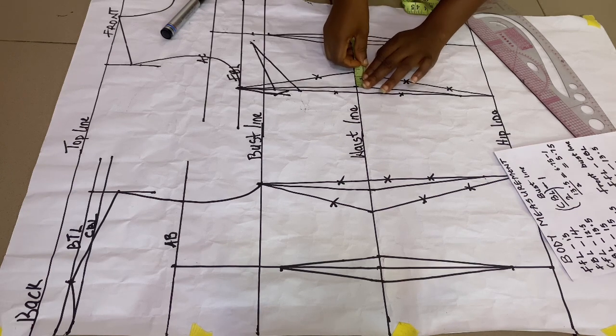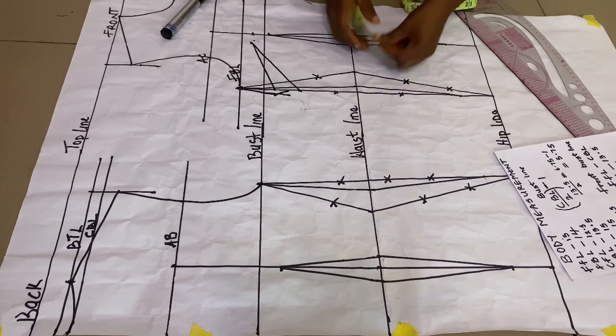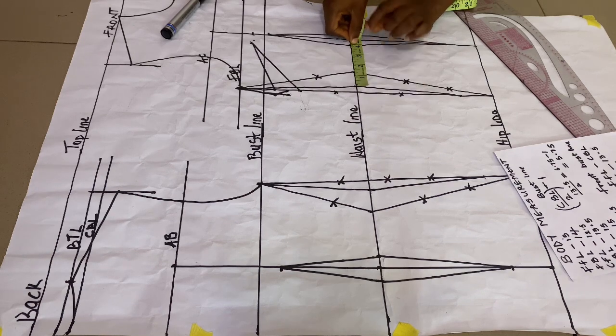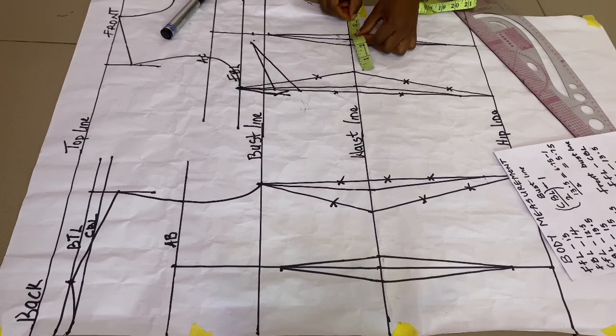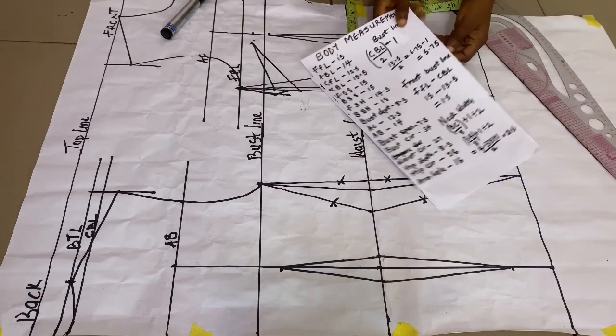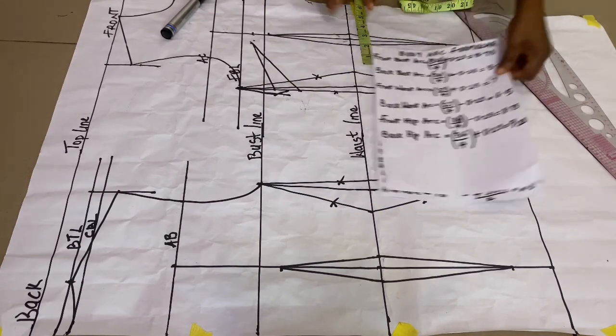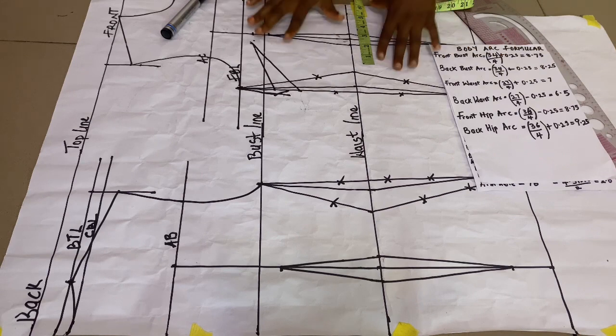From this point to this point, I'm having about 3.7. From that 3.7, I'll place it here, and I'm having 7 inches, which is my front waist arc. So the front waist is correct.